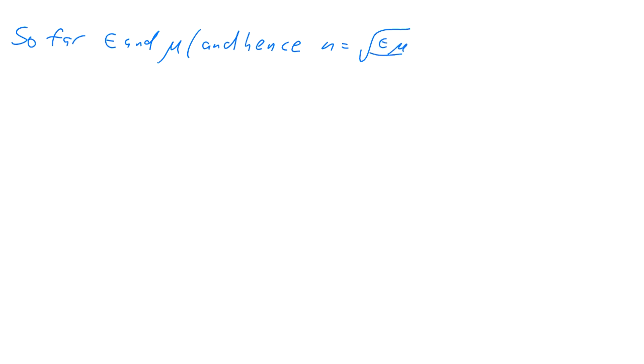So far, when we've been talking about epsilon and mu, and then also the index of refraction, which is the square root of epsilon mu over epsilon naught mu naught.